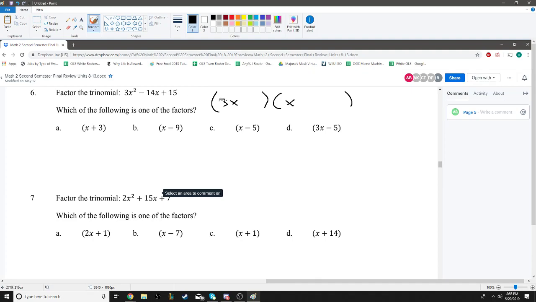So let's do 5 and 3. 5 times x is 5x. 3x times 3, that is 9x. And if they're both negative, that means we will get negative 14x. So therefore, those are both negative. And that means our answer here is D.